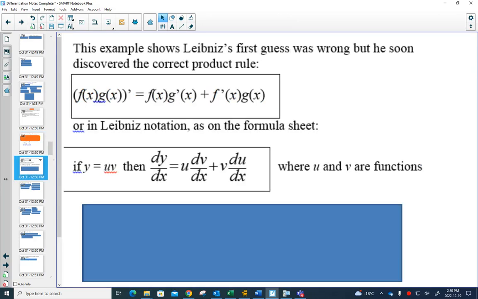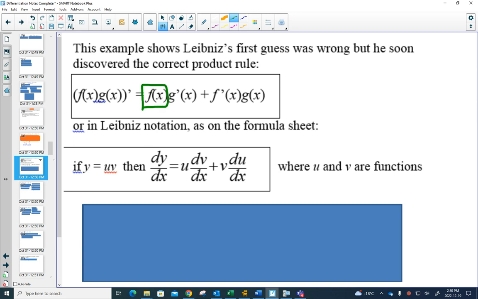And they're wonderfully complicated. So here's our first derivative rule that looks nothing like what you started with. If you have two things multiplied together and you want to find the derivative, what you do is you keep one of them the same.